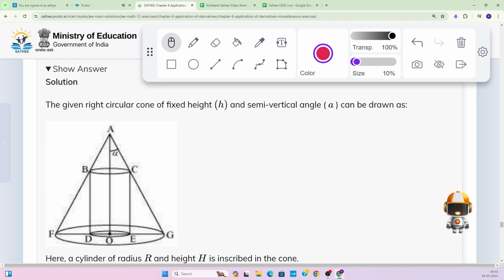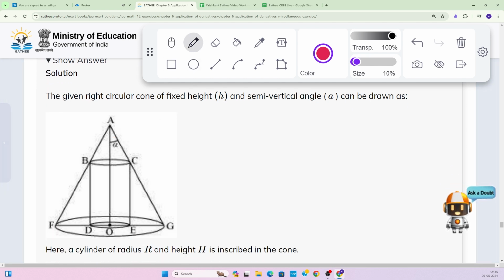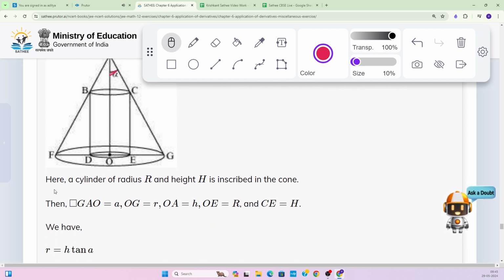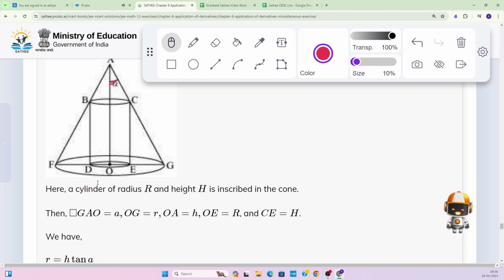can be drawn as you can see, your semi-vertical angle is here alpha, and height is h, as you can see AO is h. Now here a cylinder of radius r and height H is inscribed in the cone. Then this means the angle GAO, this semi-vertical angle, is equal to alpha.